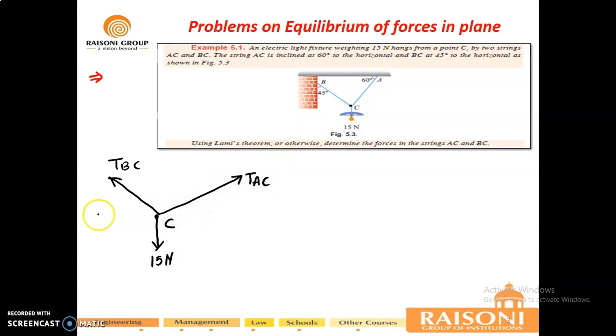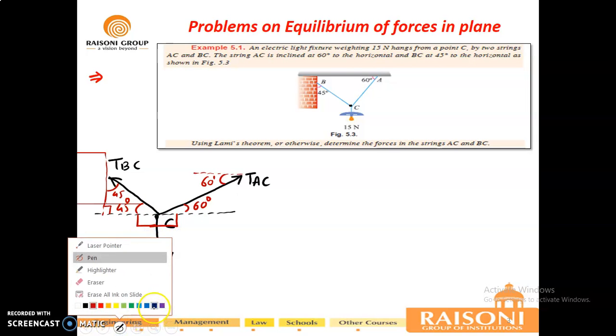Now we will have to find the inclination of these forces with respect to horizontal or vertical, whatever is given. The inclination of AC here is 60, therefore this will also be 60 degree, and the inclination of your BC with respect to this is 45, so this will also be 45 degree. Now you will get this entire angle, this will be 90, this will be 90.